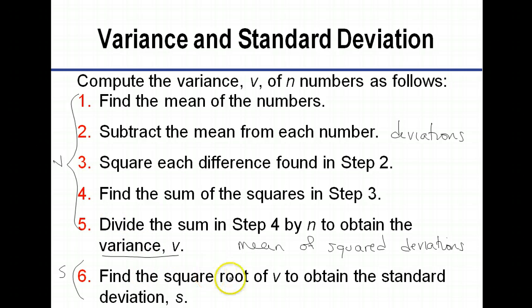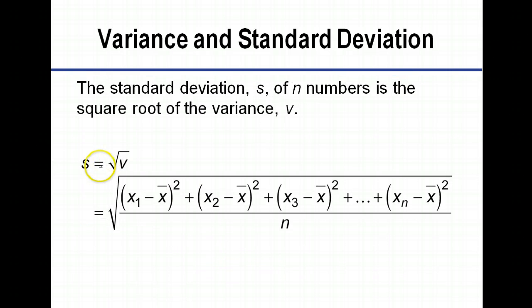You find the square root of the variance. So here, when we say S equals the square root of V, that means the standard deviation is the square root of the variance, right? And that's exactly what step number 6 is saying, right? And so this inside part here, underneath this big square root symbol, that's just v, right? Remember that the variance is what?